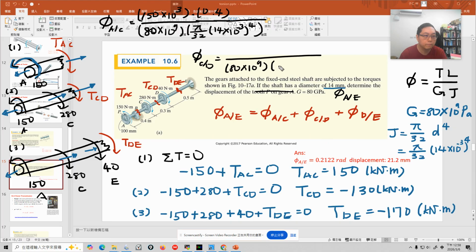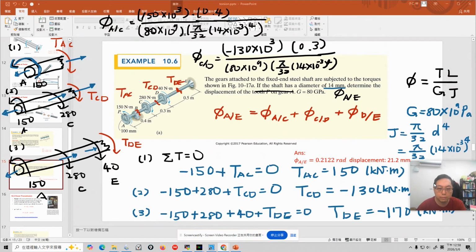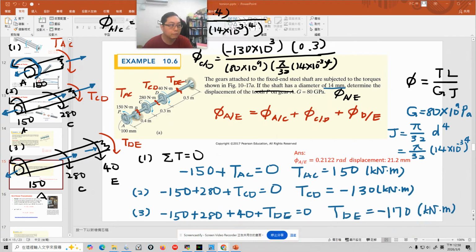The denominator is the same. The only difference is the numerator. What is CD? Minus 130. Don't forget the K, 10 to the power 3. And what's the length of CD? 0.3.